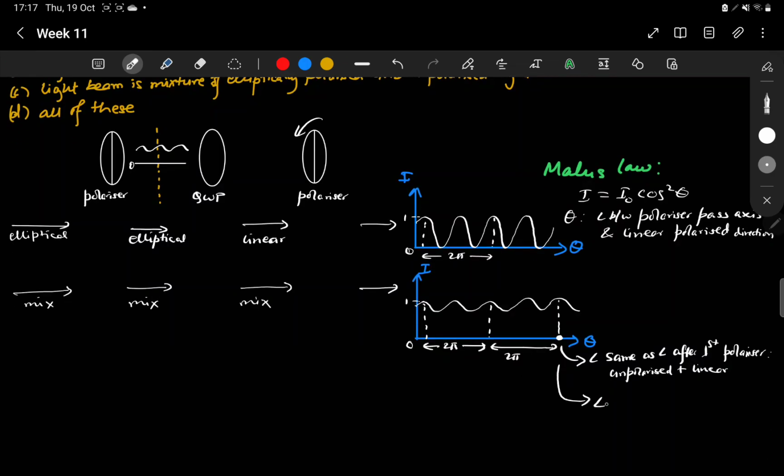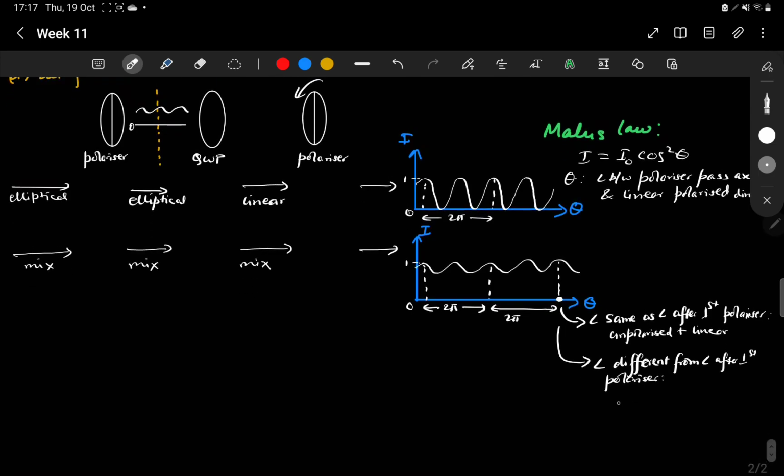Whereas if this angle is different from the angle after the first polarizer, then we have a mixture of unpolarized light with elliptical. So this is how you would distinguish between these two mixtures, by measuring this angle.